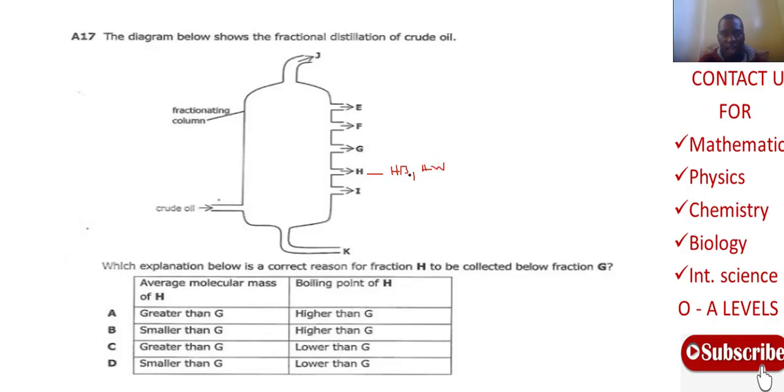So it is higher, that's why it is collected below fraction G. So the average molecular mass of H is greater than G. So we'll settle for greater than G, according to what we've written there. Then the boiling point of H is also higher than G. So automatically, this is the truth. That explanation should be able to get you through.